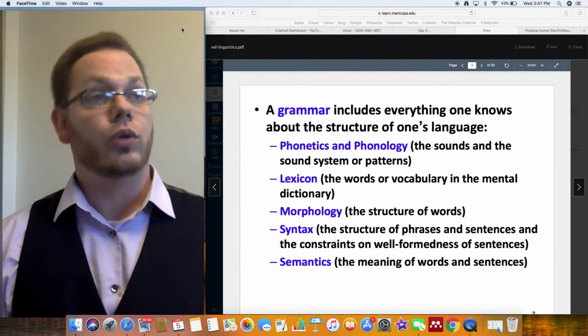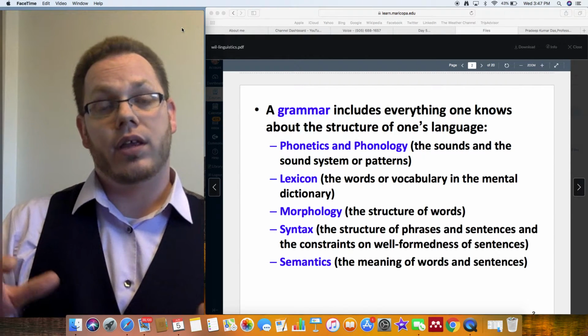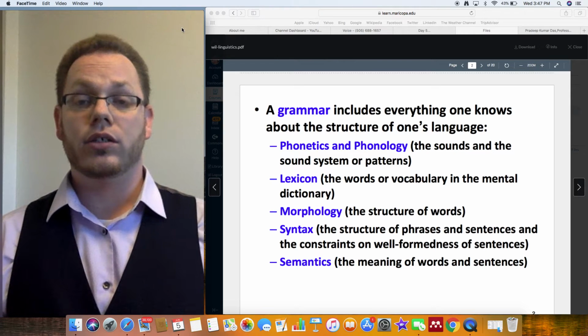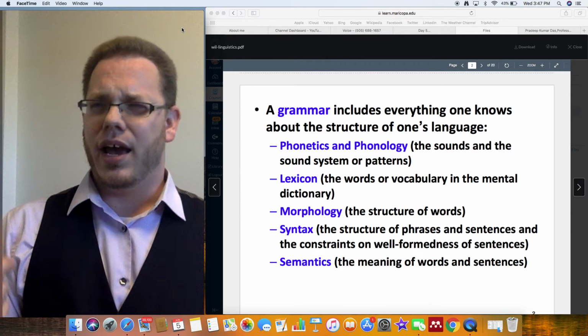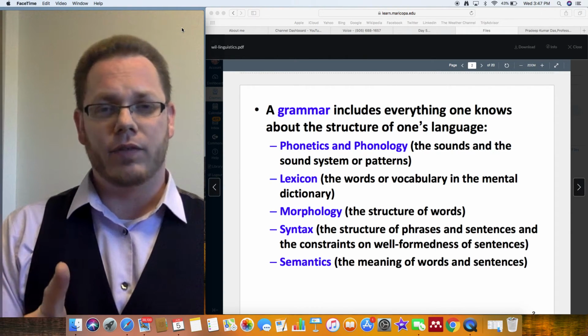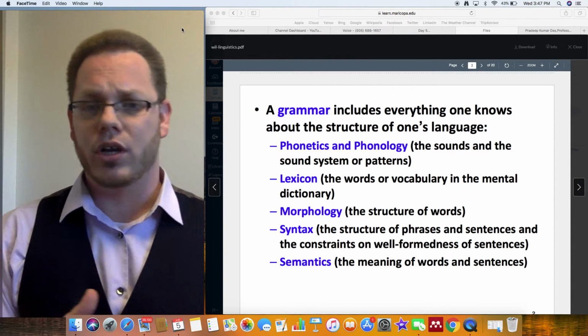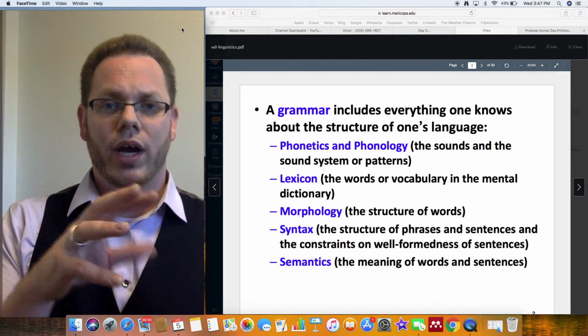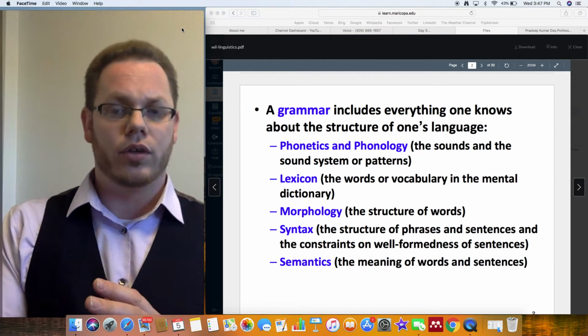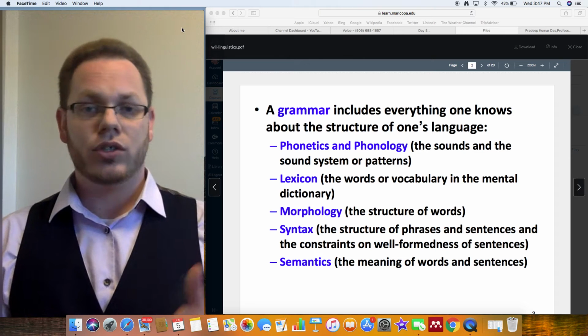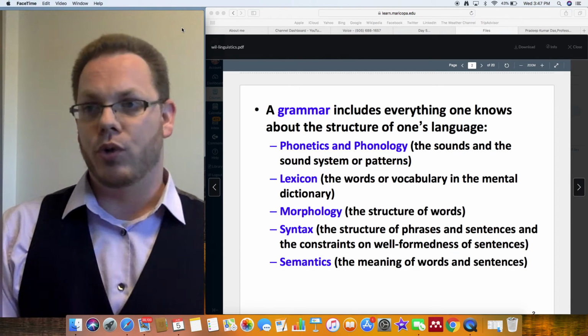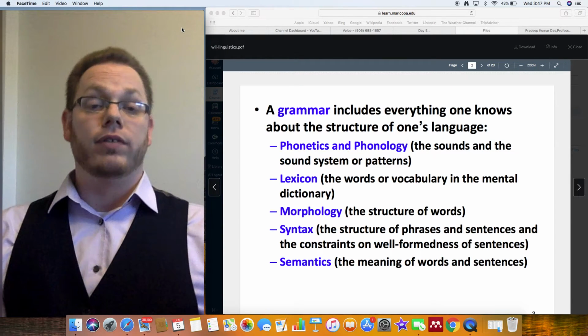Some scholars, especially with African American vernacular English, Geneva Smitherman, I think Adam Smith, I'm spacing, I feel bad if I got that wrong, are modern scholars who will write entire academic articles in other varieties of English. And so we'll talk a little more about that. But this is the big overview of linguistics.